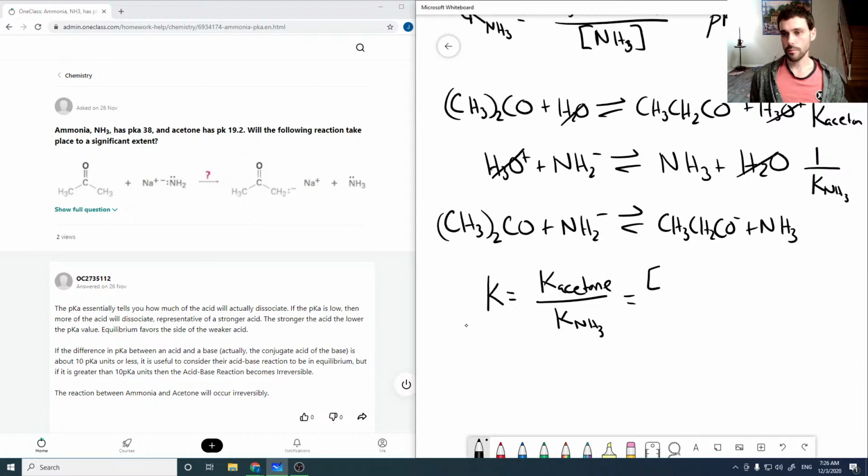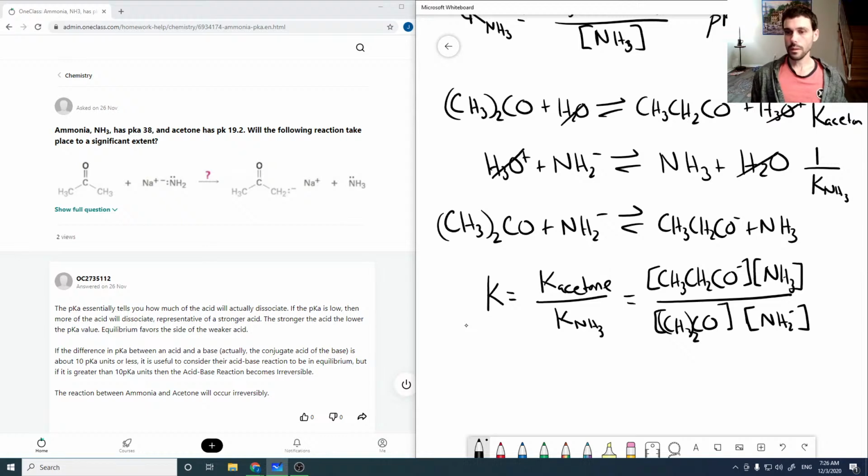So it should be products over reactants. Right, so if we take this product like this, then we get exactly these concentrations, which is our K constant.